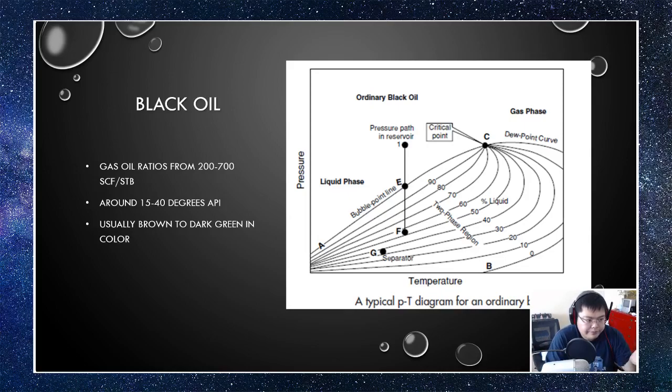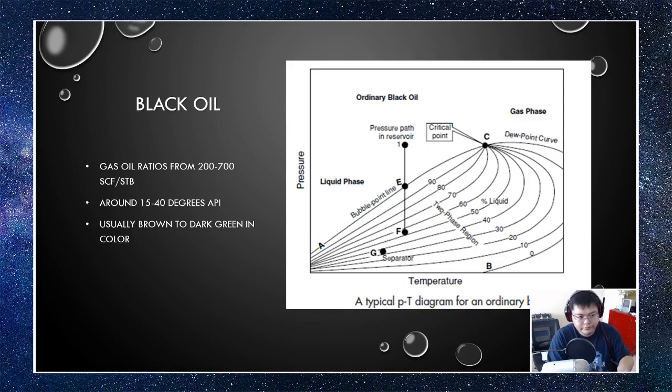And you can see here that for black oil, the initial pressure is above the bubble point, meaning that it is an undersaturated reservoir at the beginning.